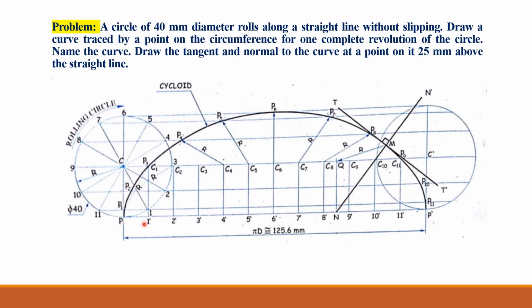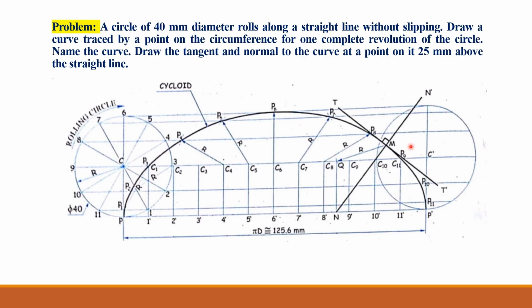Any point you can choose, this P point or P dash point. So from this P dash point we have to take the distance of 25 millimeter, and then through that point we have to draw the horizontal line which will be parallel to the tangent to this rolling circle.